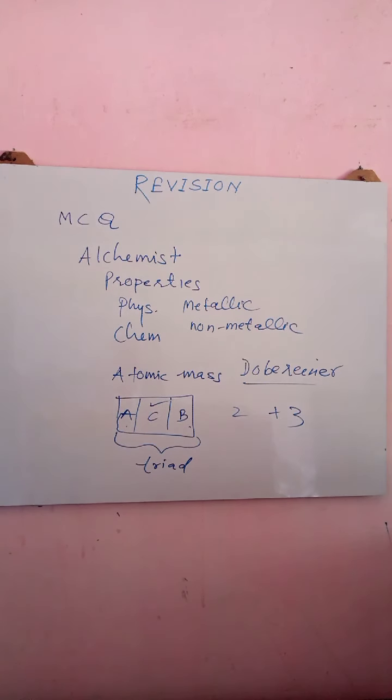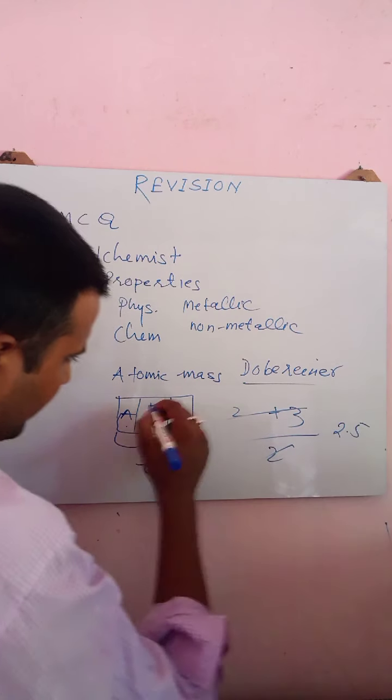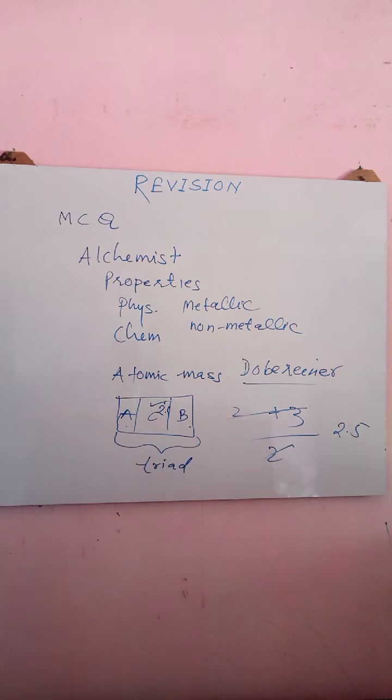What will be the arithmetic mean of these 2 values? 2 plus 3 divided by 2 is equal to 2.5. So the mass of C will be 2.5. This means the mass of the middle element is the arithmetic mean of the first and last elements present in the group of 3 elements. I hope you understood Dobereiner's classification.